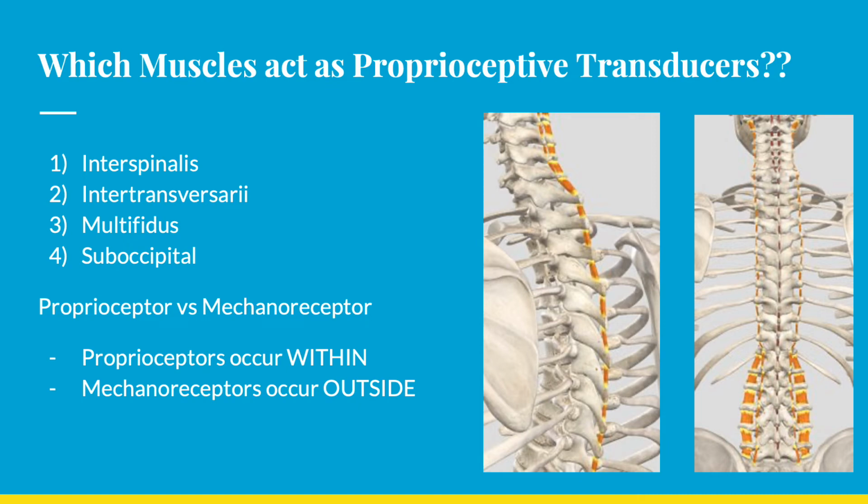When you think of proprioceptive transducers, those are classically very small, very fine muscles with a very dense concentration of proprioceptive receptors. Just making a point: proprioceptive receptors are within the muscle belly, whereas mechanoreceptors are outside.